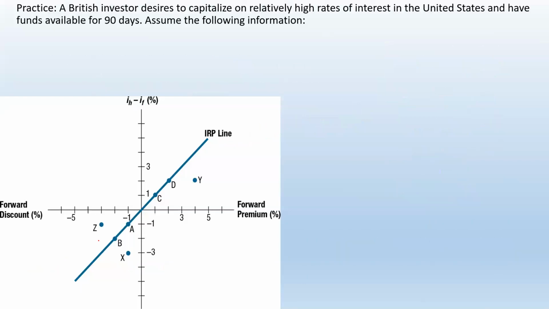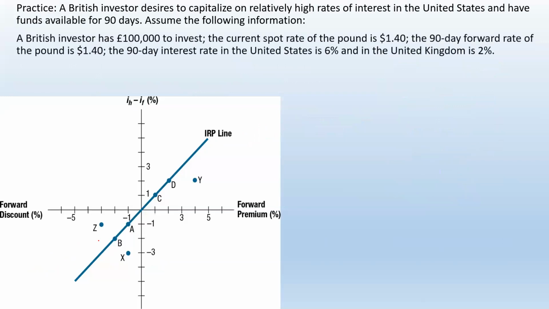For the UK case, at the beginning, again, US is IH. This is the base currency. UK, which is IF, is 2%. So we know IH minus IF is 4%. So the dot at the beginning, located here, is 4%.